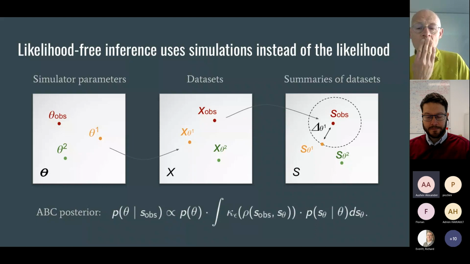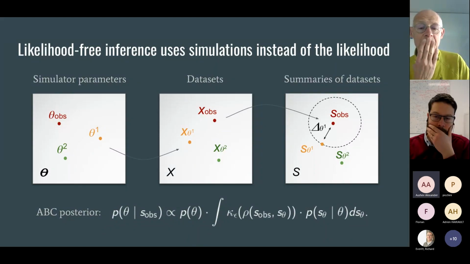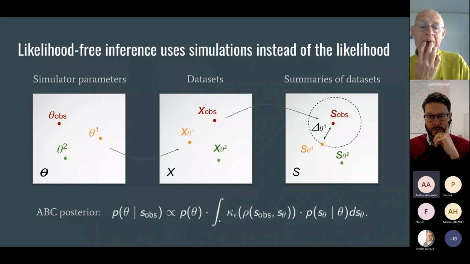We see the formula below, where we have the prior multiplied by this integral, which essentially replaces the likelihood.